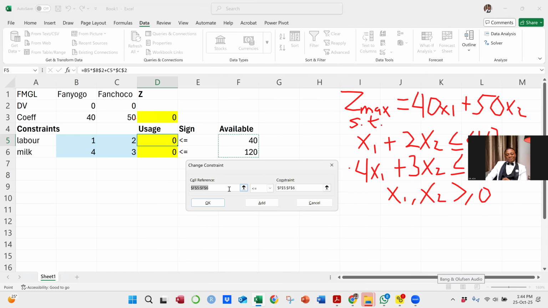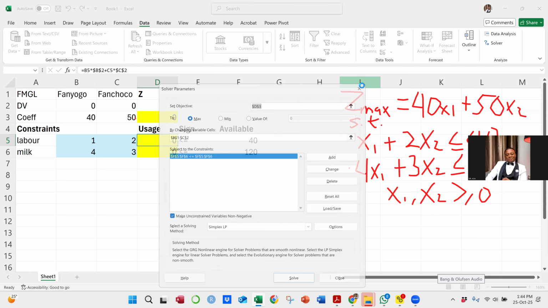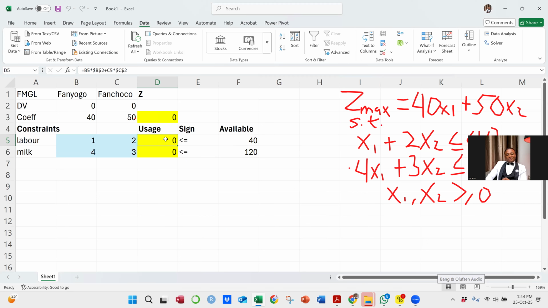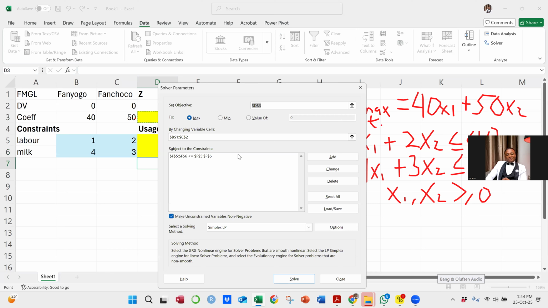So it has popped up. Okay, hold on. Let me double click this. It's collecting the right information perfectly. So I click on solver again. And then, yes, Benjamin.